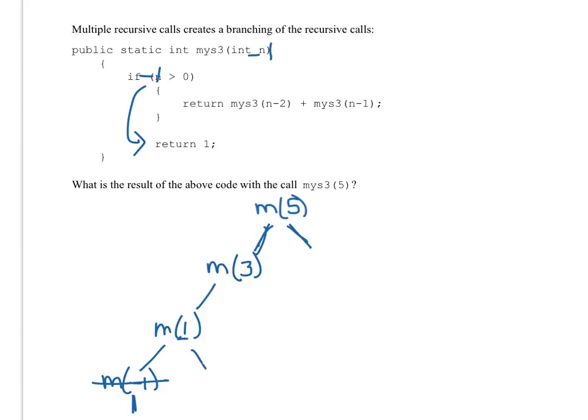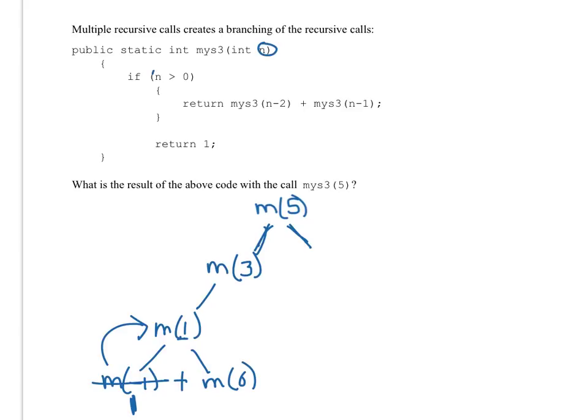But remember, each one of these, I have to add a second part to it. So once it's got the 1, it's going to come back up here and do the second call. Okay, so mystery n minus 1, that would be mystery 1 minus 1, that's 0.